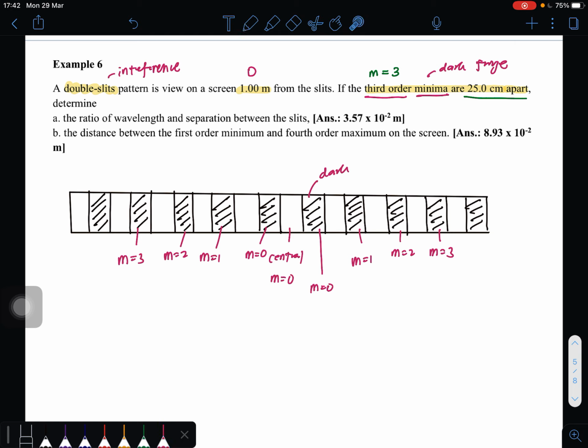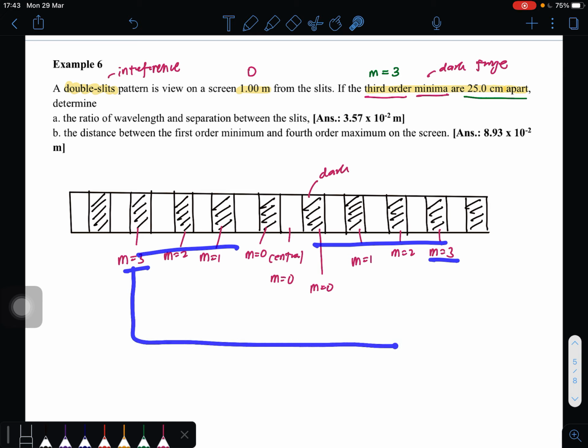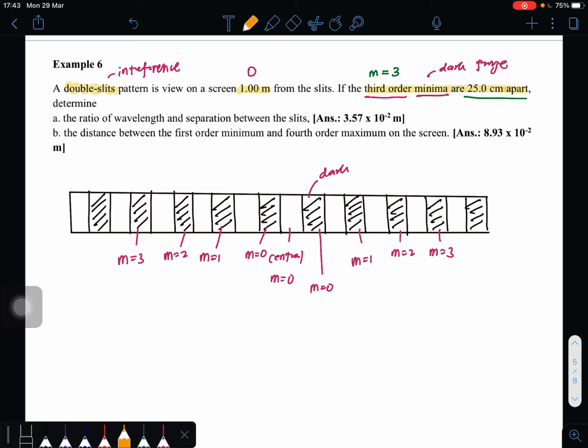Okay, maksud statement dekat sini, if the third order minima are 25 cm apart, maksudnya third order minima di mana dark fringe yang ketiga ni, M sama dengan 3, dengan dekat sini, because we know kita akan ada dekat both sides kan. So dekat sini dan dekat sini ni, dia punya distance ni adalah sama dengan 25 cm. Itu maksud dia. Dari sini ke sini, distance ni, kita letak X lah, adalah sama dengan 25 cm.